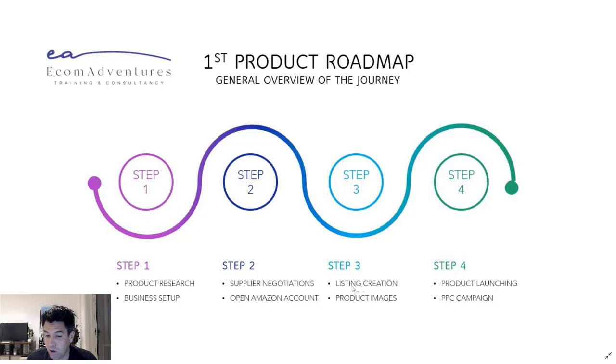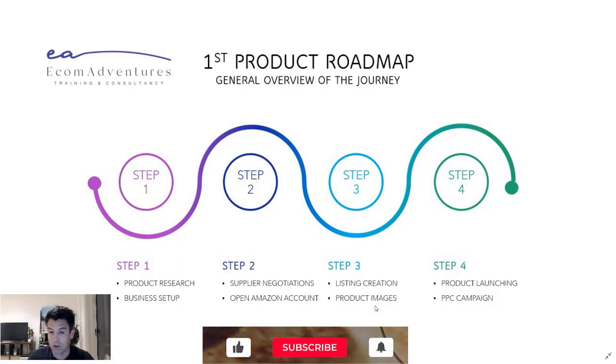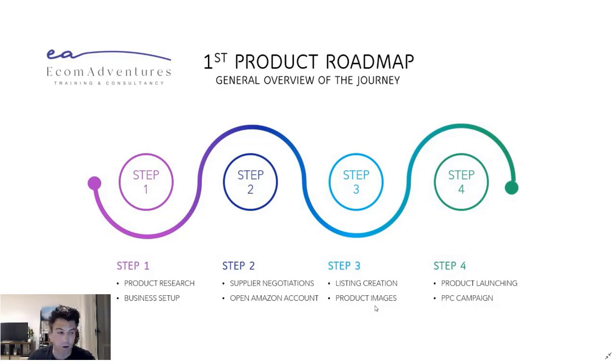At the same time, you're getting product images created for your product. Very, very important to have perfect product images, showing the benefits of the product and making sure that your product is attractive for customers to buy.